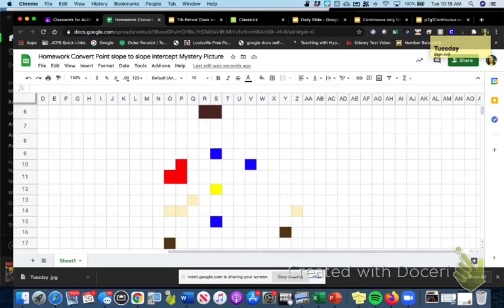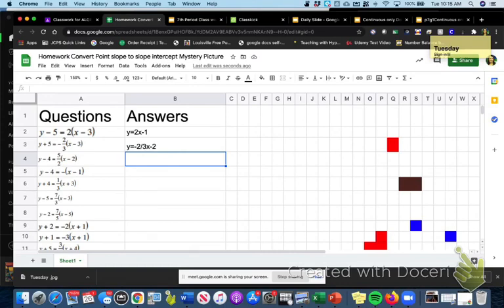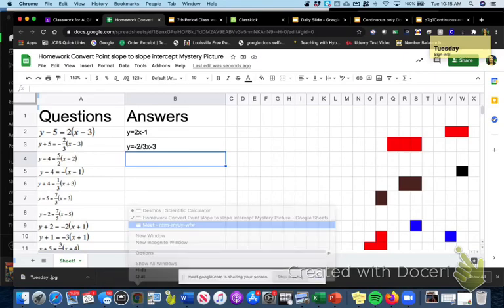And then, bam, more of the picture showed up. Oops, minus 3. No, more of the picture didn't pop up. That's how I knew I did something wrong. There we go. 3, and bam, more of the picture popped up. So now we know we've done it right. Just attach your work somewhere to the assignment, and you're good to go. And there's the first 2.